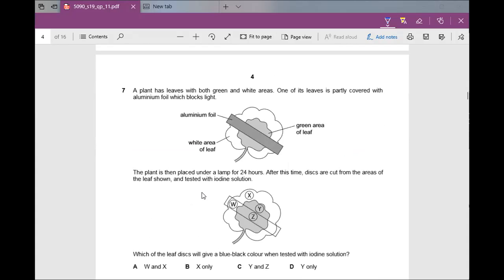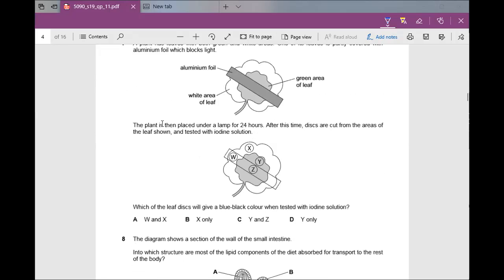Number 7: a plant has leaves with both green and white areas. It means it is a variegated leaf. One of its leaves is partly covered with aluminum foil, which blocks light. The plant is then placed under a lamp for 24 hours. After this time, discs are cut from the areas of the leaf shown and tested with iodine. Which leaf disc will give a blue-black color when tested with iodine?